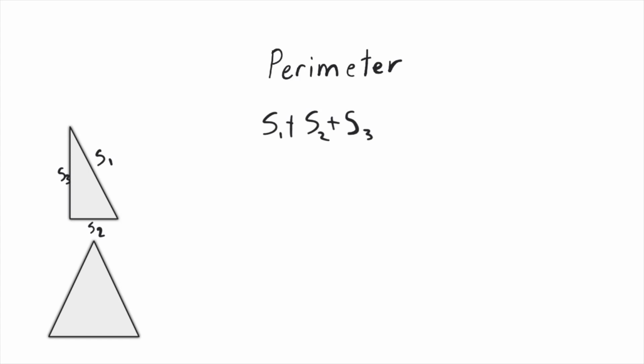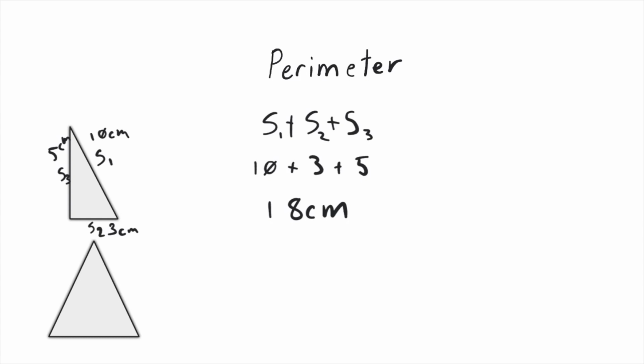So this may be 10 centimeters, 3 centimeters, and 5 centimeters. It just means that it'll be 10 plus 3 plus 5, which will give us a total perimeter of 18 centimeters. Don't forget the unit of measurement there. It is really important. But essentially, that's perimeter.